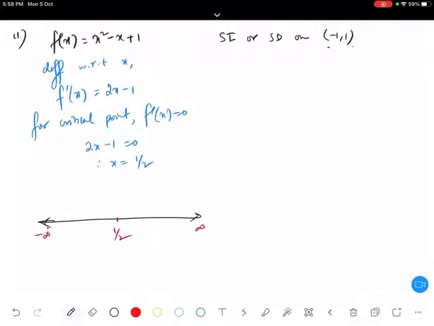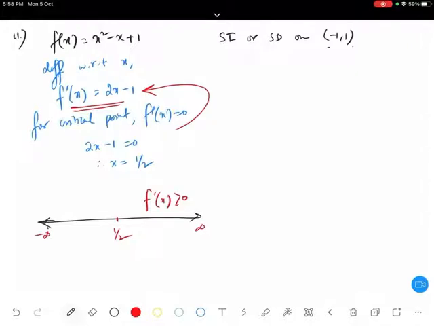Let us take a value more than half. Let us take 1. If I put 1 in place of x, I get it to be positive. So my f dash x is greater than 0 on the right hand side of half.